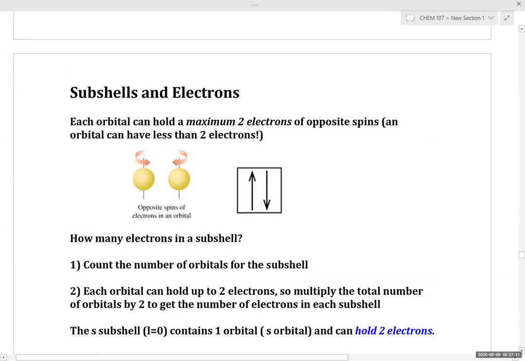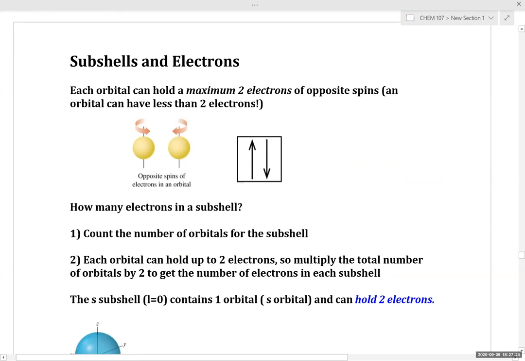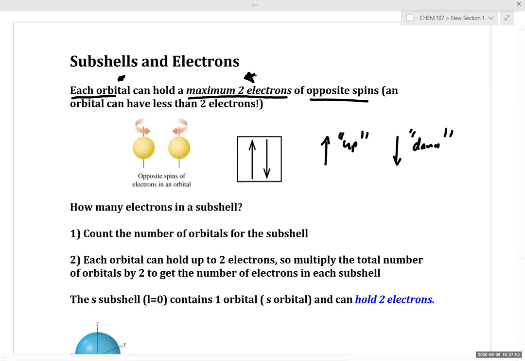What we're going to discuss now is this idea that each orbital can hold a maximum of 2 electrons of opposite spins, and we draw our electrons with an up arrow for a quote unquote up spin, a down arrow for a down spin. What I need you to know is that each orbital can hold 2 electrons. Okay? Each orbital holds 2 electrons.